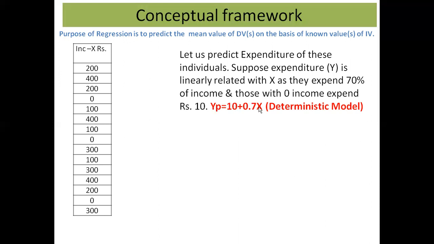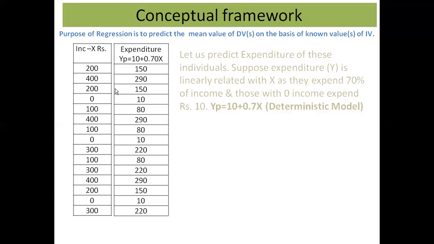So I defined a formula that expenditure y of any person equals 10 plus 0.7 into income. By this formula, let us calculate the expenditure of each individual. The expenditure of the first person is 150, second person is 290, third person is 150, like that.